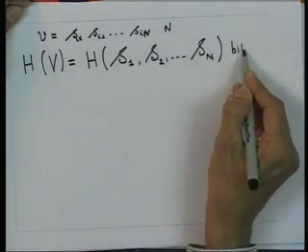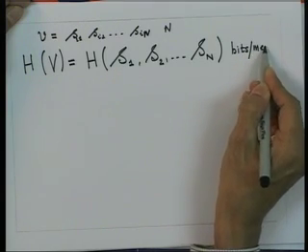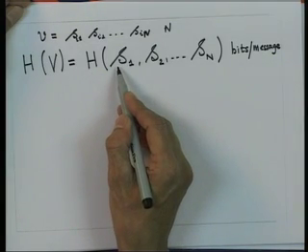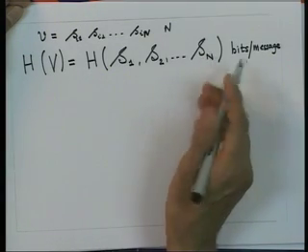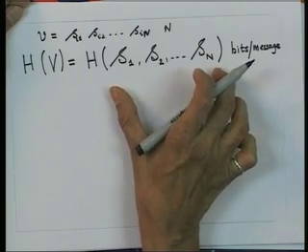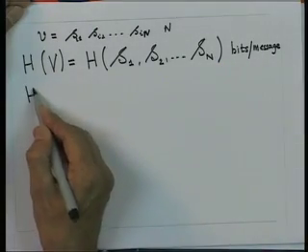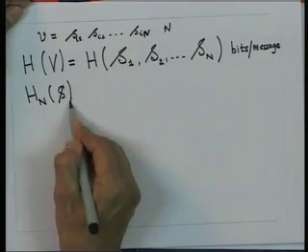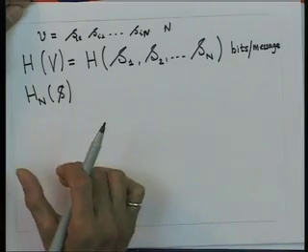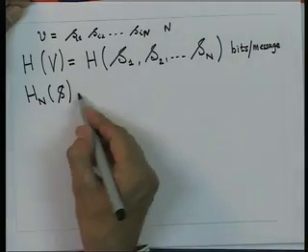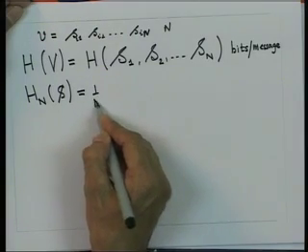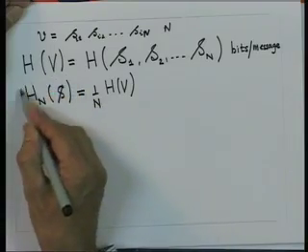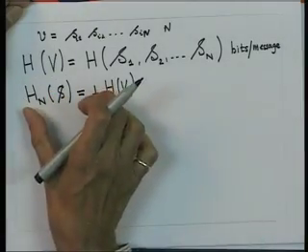So, this is the information which I get from messages consisting of symbols of length N. Now, if I define another quantity as the average information per symbol, which is by definition equal to 1 by N of H(V), this is my average information which I get per symbol.